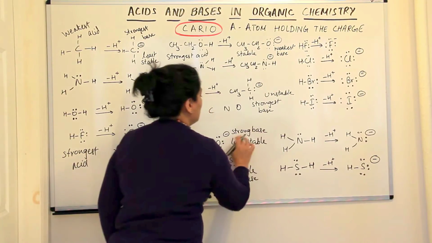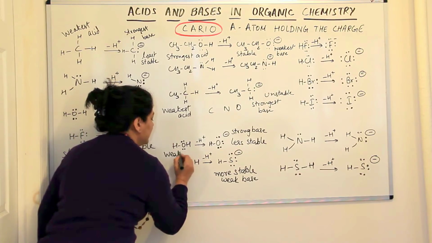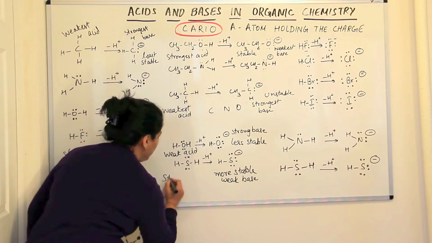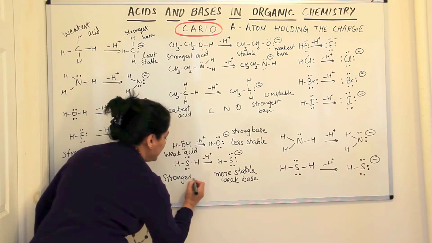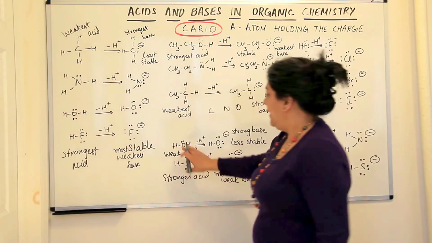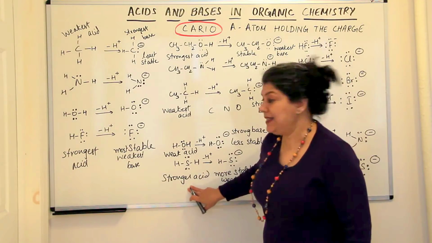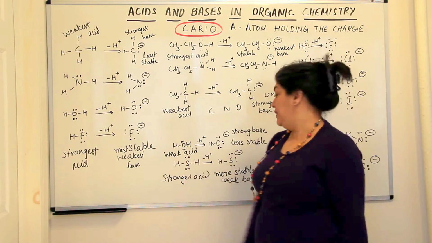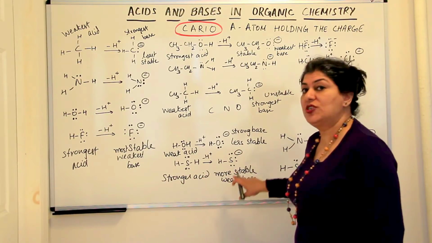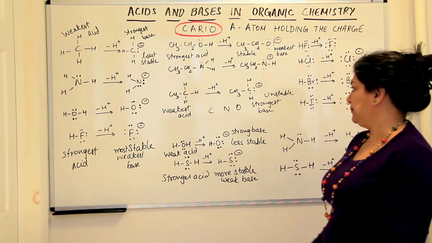So anything that has a strong conjugate base should be a weak acid, and one that has a weak base should be the stronger acid. Right? So we see in water and H2S, H2S would be a stronger acid and water would be a weaker acid, because H2S would form a more stable conjugate base, which means a weaker base.